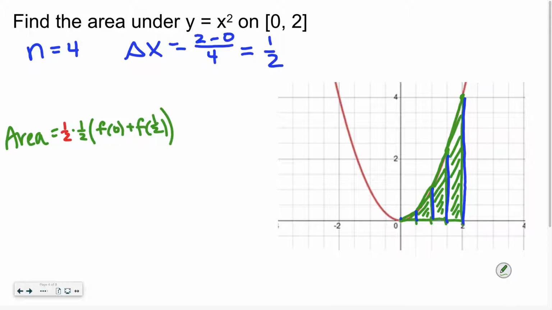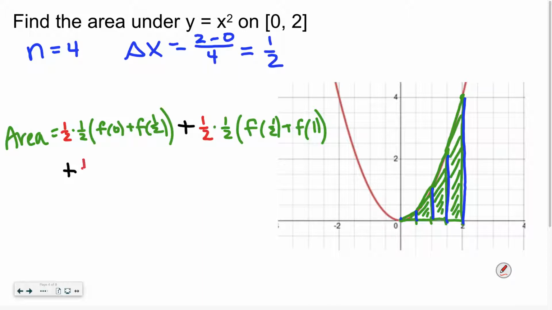Okay. Our second trapezoid stretches from 1/2 to 1. So the area of that would be 1/2 times the height times the sum of the bases. That's f of 1. It kind of looks like an 11, but it's f of 1. Our next trapezoid stretches from 1 to 3/2.